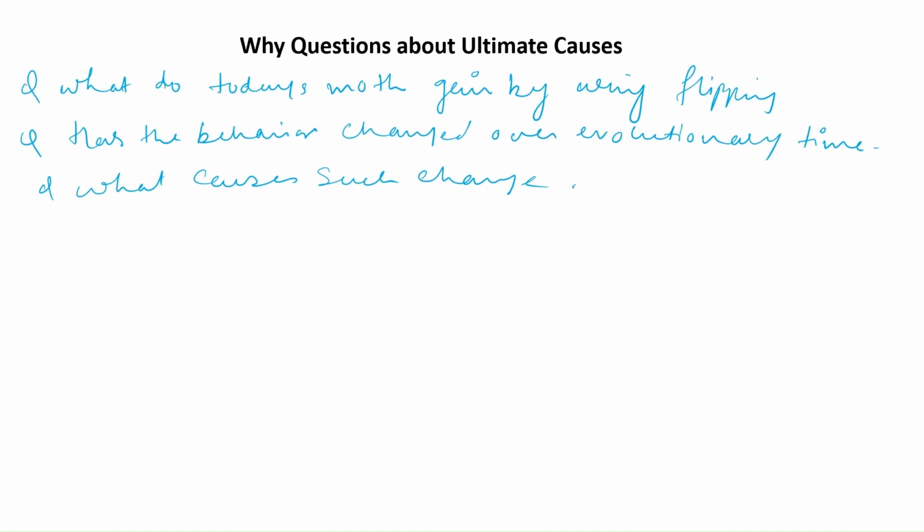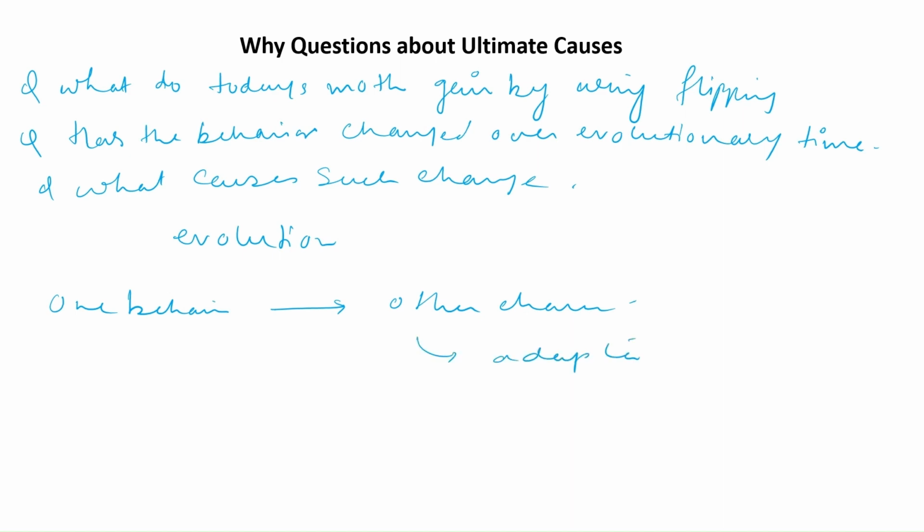Evolution, as we all know, means that one behavior or one characteristic will change into another character during the course of evolution. So the characters evolve. Why do they evolve? Because of adaptation, for survival.